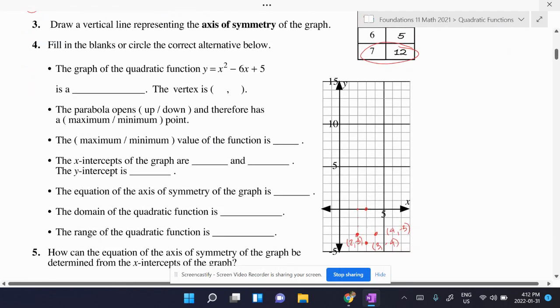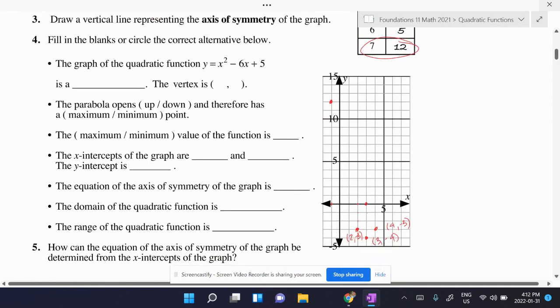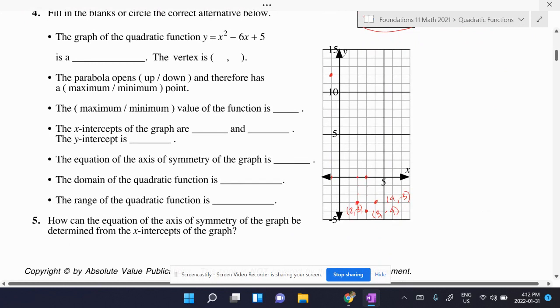So I'm going to go -1 and all the way up to 12 here. And what was the other one? 7 and 12. 5, 6, 7. I'm going to follow that up here to 12.